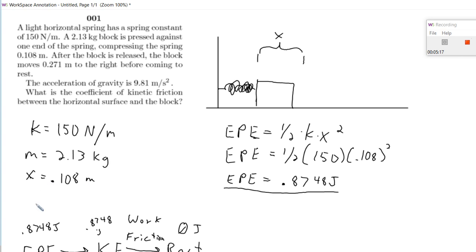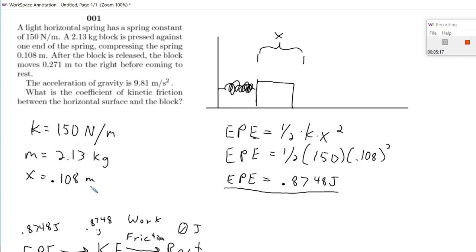That's because the energy is transformed from one kind into another. Now, then it comes to rest. And at that point, we've got 0 joules, which means we lost somewhere in there 0.8748 joules of energy.